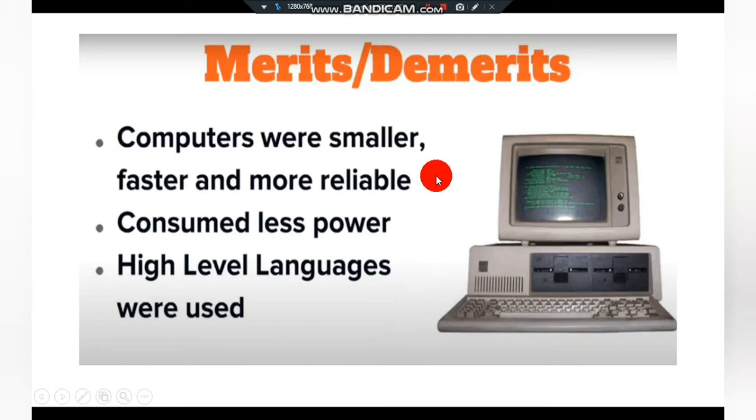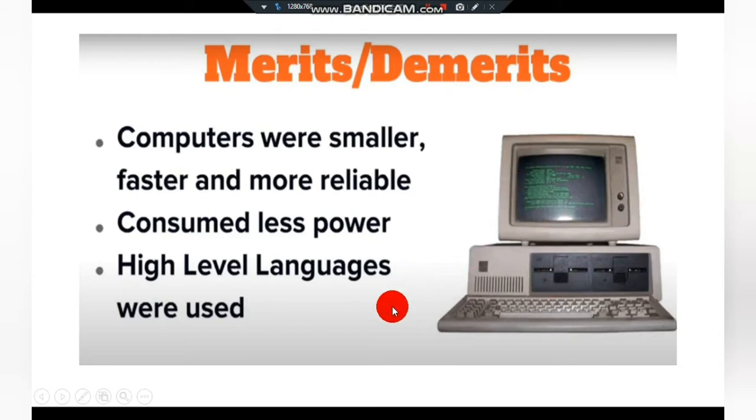So third generation computers are smaller, faster, more reliable, and consume less power. In this generation the computer has an attached CPU and attached keyboards.